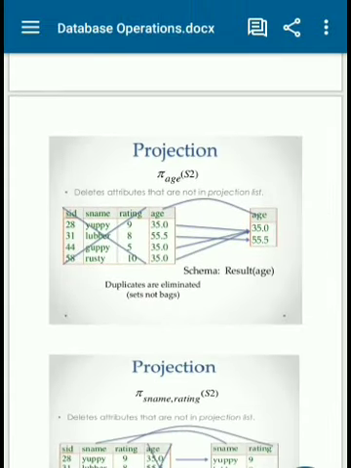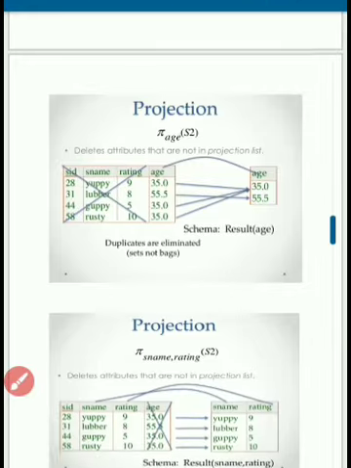You see there is a table, projection age from the table, so only the age attribute will create a new relation. But a simple age attribute alone may not be what we want. If we want name with age, it gives name and age. Here is an example.